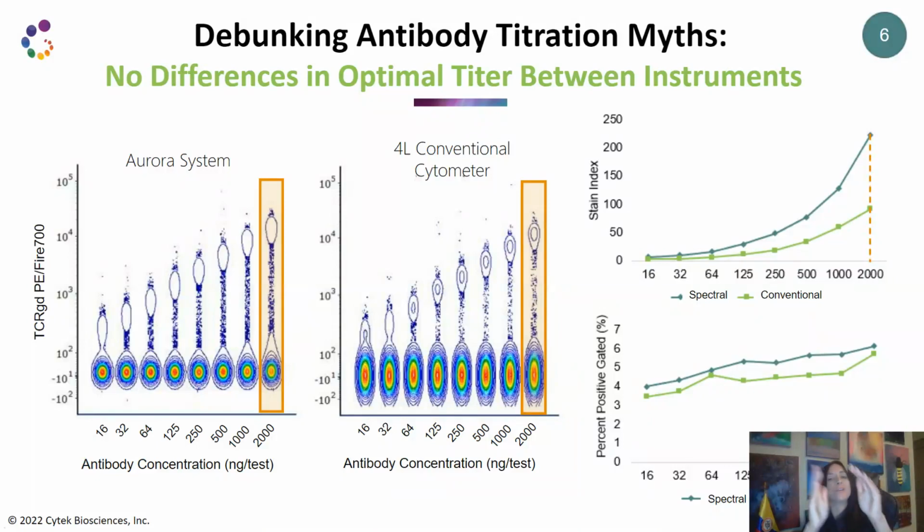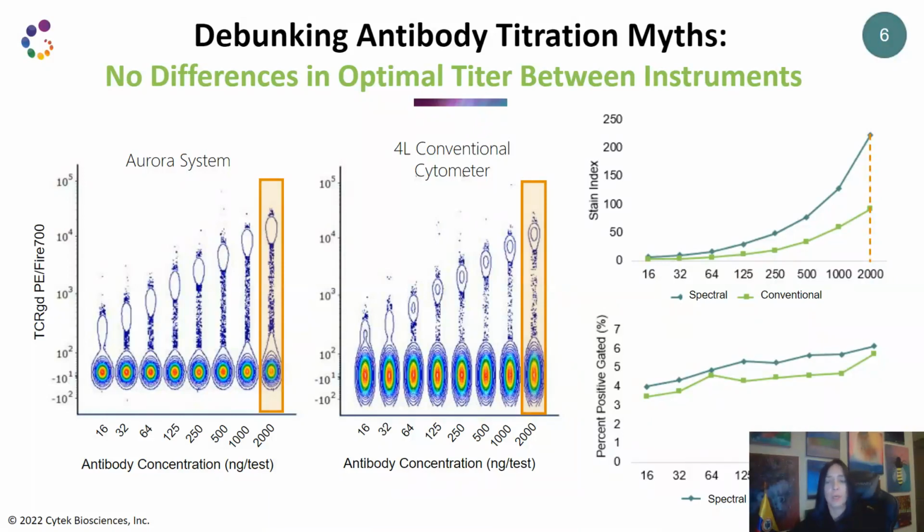And then we increase the concentration and see that increase in MFI, reaching a point where you get the highest, but not clearly seeing the saturation. And the negatives are lower, not highly impacted. It's far from the issues in terms of PE Fire 700.